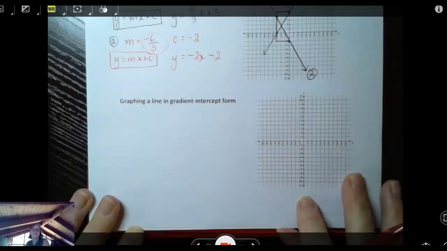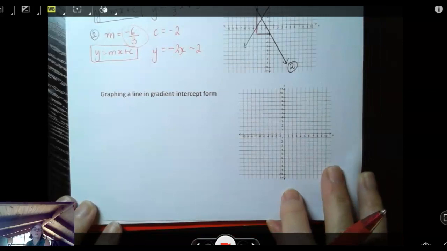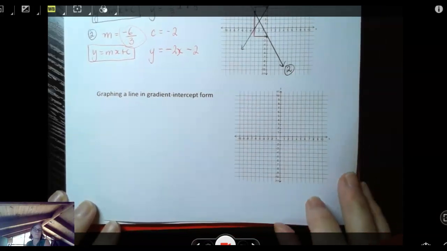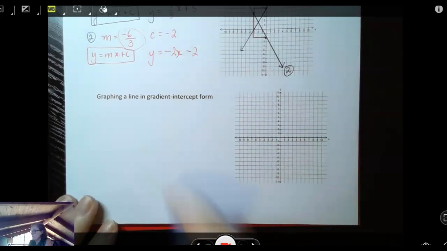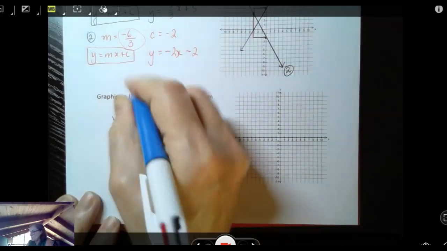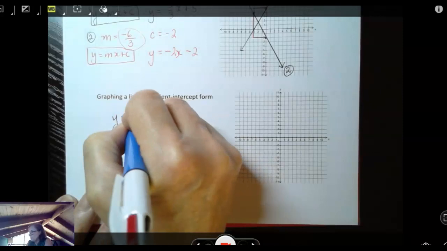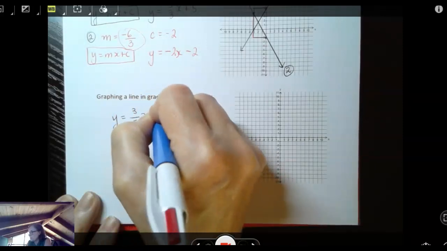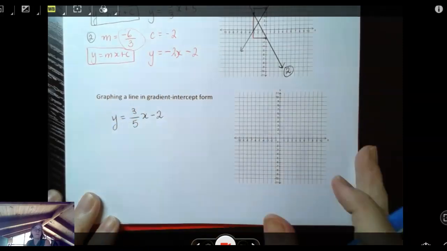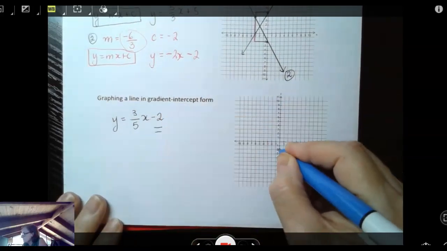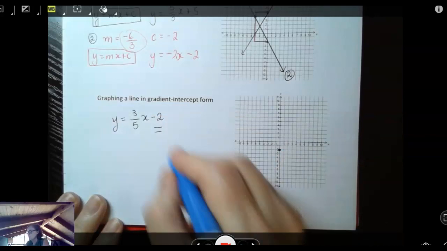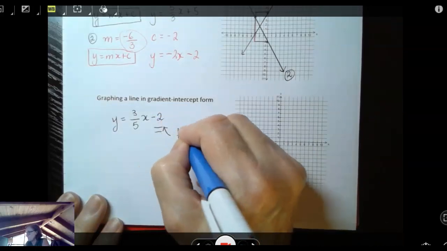All right, let's go to graphing a line in gradient intercept form. All right, so let's say I give you the line y equals 3/5 x minus 2. Okay, then I go first to the c, to the -2, and I put a dot. So I graph this first.